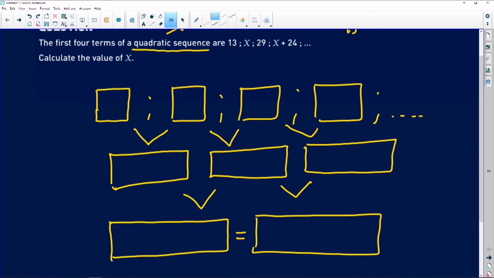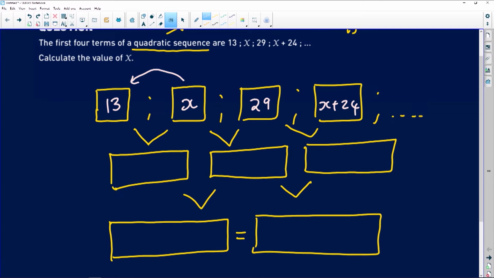Right. Now, let's see what are the entries for this particular question. We were told that the first term is 13. We were also told that the next term is x. We know that the next term is 29, and we know that the next term is x plus 24. These are the terms of the original pattern. Now, when we do subtraction, we do reverse subtraction. You take the second term, you subtract the first term.